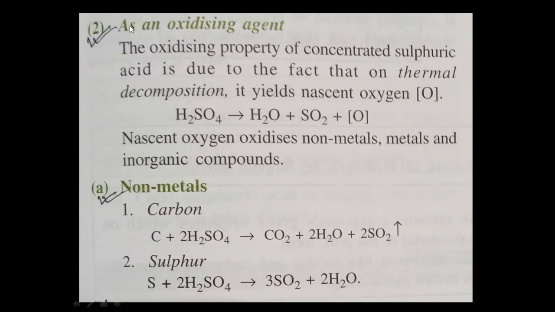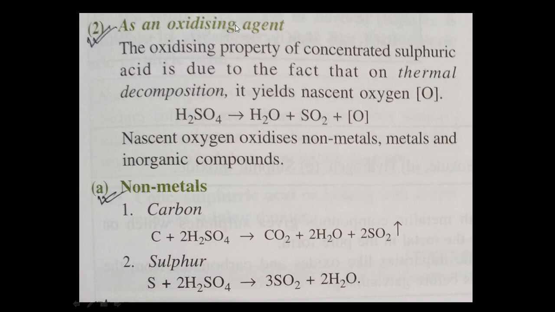Then, concentrated sulfuric acid as an oxidizing agent. The oxidizing property of concentrated sulfuric acid is due to the fact that on thermal decomposition it yields nascent oxygen. So it is said that sulfuric acid is a strong oxidizing agent.